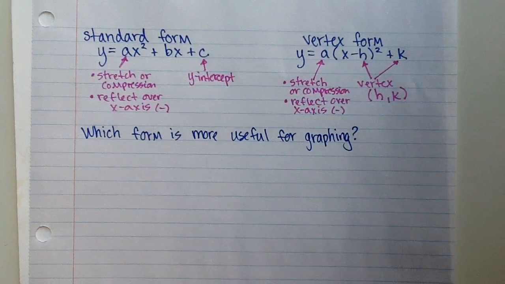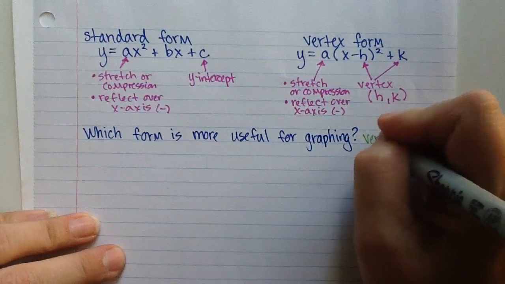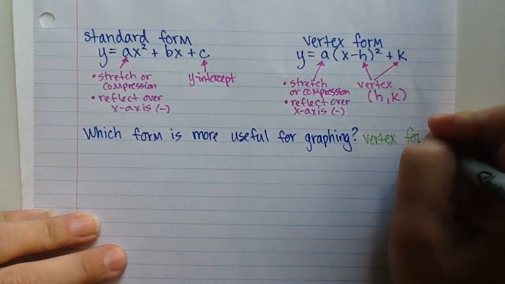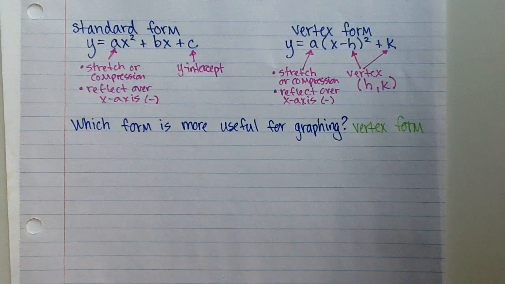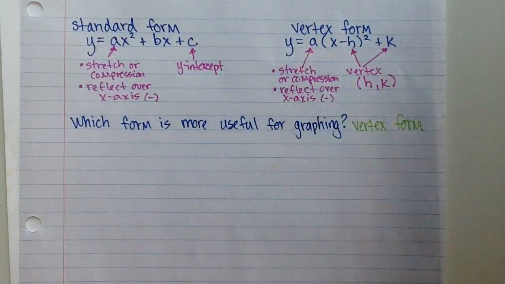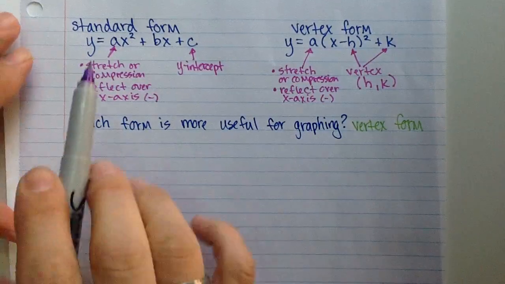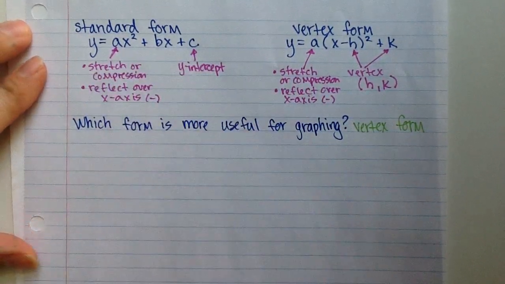And we also need to know the vertex. So if we are going to be graphing a parabola, the easiest form for graphing is when it's in vertex form. Because right away we know where the vertex is and we know how to change the pattern to make it work with the stretch compression or the reflection. So what we want to do is figure out how to change a standard form into a vertex form.